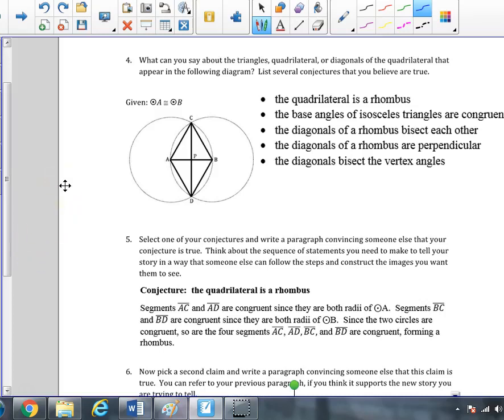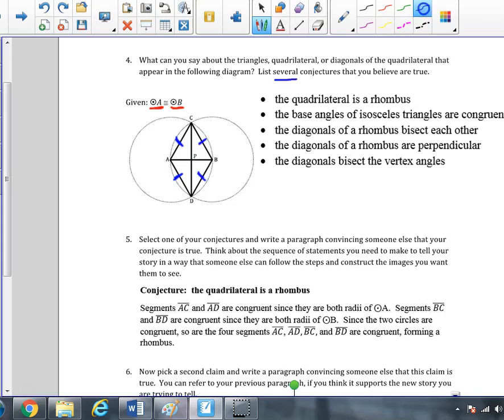In this case, we were given that circle A is congruent to circle B. So what we know is that the radii of congruent circles should be congruent. So we know that AC will be congruent to AD, and we also know that BC will be congruent to BD.